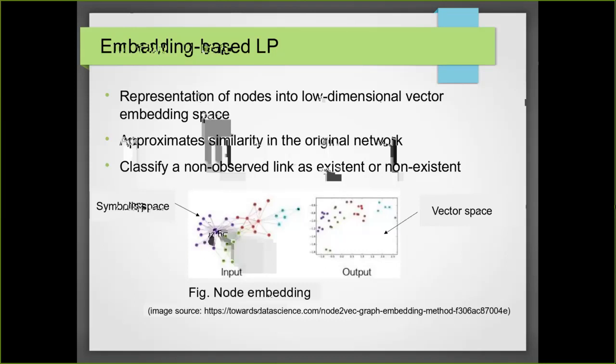So embedding-based link prediction represents nodes in a low-dimensional vector space, in a way so that the similarity in the original network exists in the embedding space. Then it trains a classifier to classify links into existing links or non-existent links. So this is the input graph in symbolic space, and this is the node embedding in embedding space.